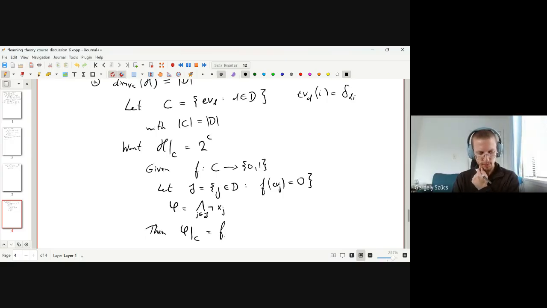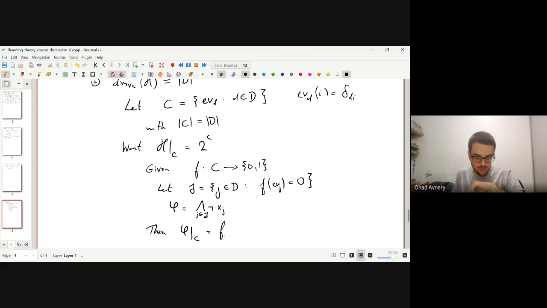And this shows the first direction. This shows a shattered set of size D.